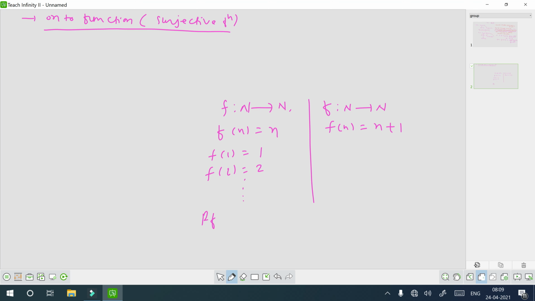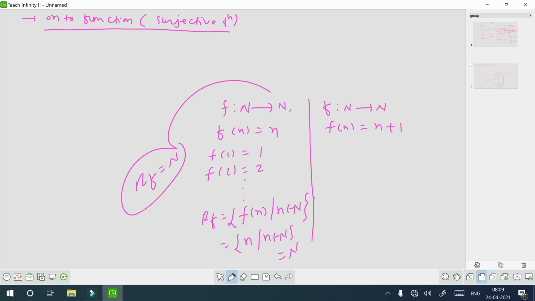What is the range of f? f of n such that n belongs to N is nothing but N. So the range of f is here N, and that is our codomain. Yes or no?